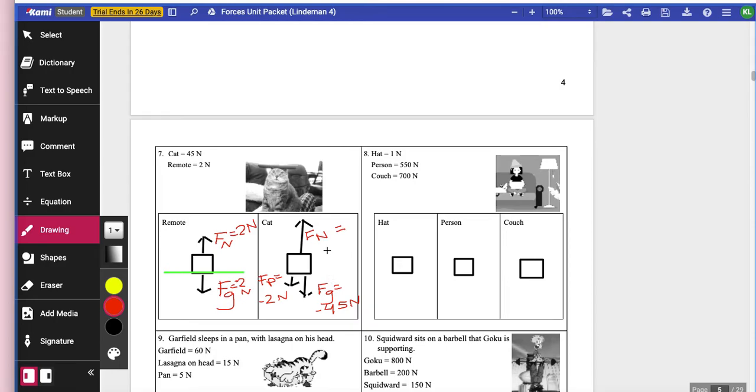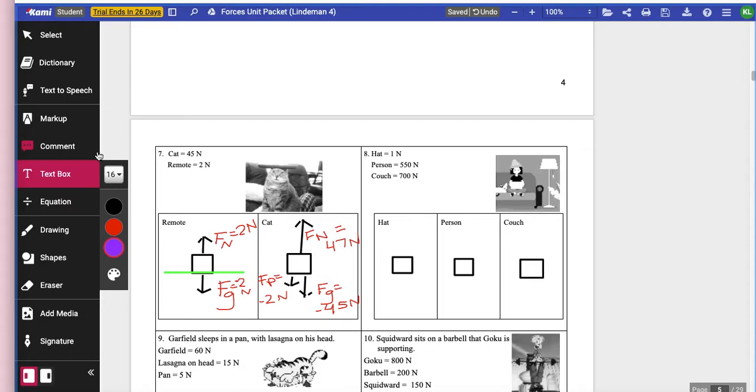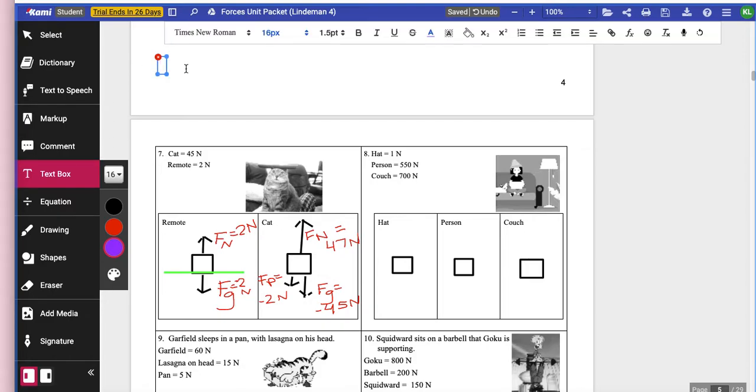I want to go over this for half a second because I just started putting numbers in and I didn't talk much about it. If you ever have forces that are going down, those forces are always negative. Downward force is always negative.